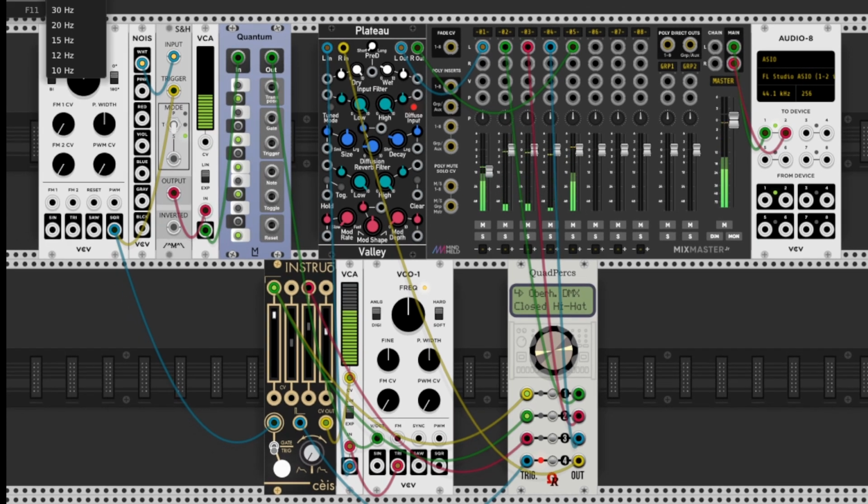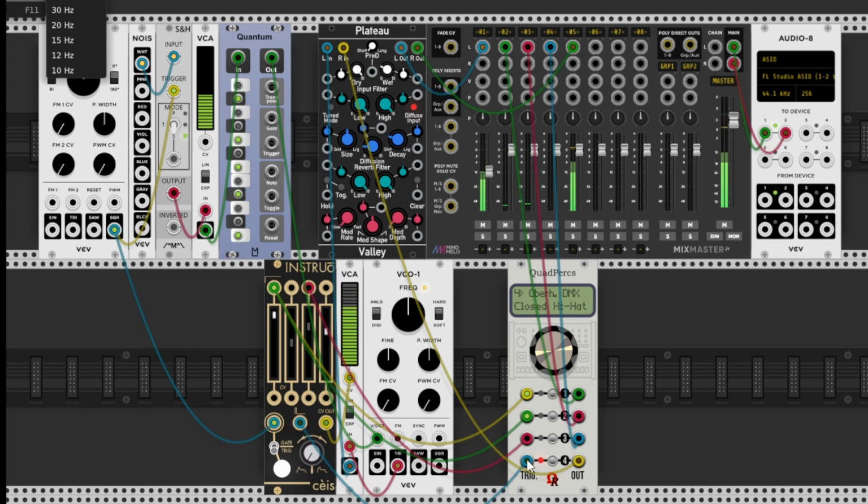So yeah, and you see here that I use the gate outs of two phases of the envelope, the attack stage as well as the sustain stage, to trigger these percussion instruments, two kicks and one snare, and I use the pulse output here to trigger the open hi-hat.